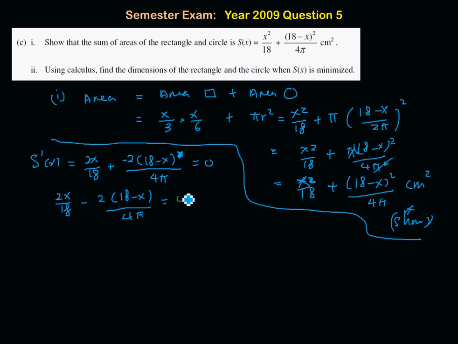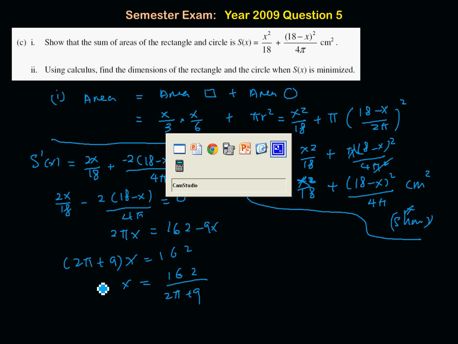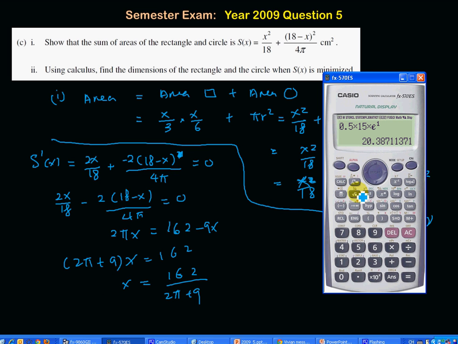Your task is to find x, and you probably end up with something like this: 162 minus 9x, and finally you find that x times (2 pi plus 9) equals 162. So x equals 162 divided by 2 pi plus 9, and a calculator is required.